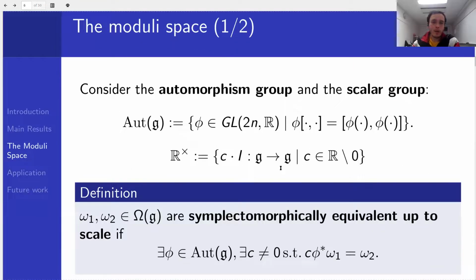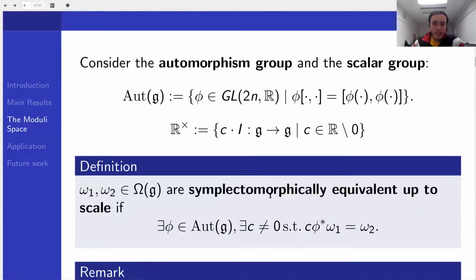A natural way of introducing the moduli space is, first, we have the automorphism group of the Lie algebra, the maps that preserve the bracket, and then the constant maps without the zero map. We define a natural equivalence relation between 2-forms on the Lie algebra.